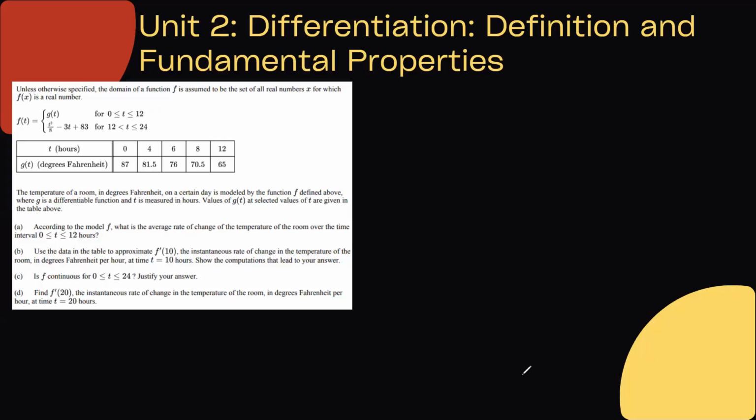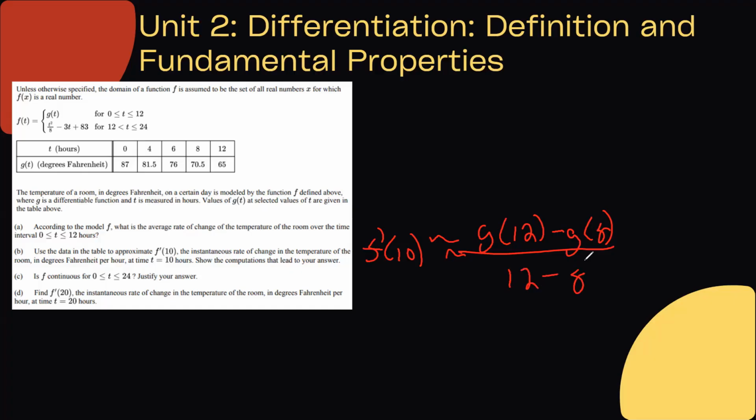Part B, use the data in the table to approximate f prime of 10, the instantaneous rate of change of the temperature of the room in degrees Fahrenheit per hour at t equals 10 hours. Show the computations that lead to your answer. F prime of 10 is approximately g of 12 minus g of 8 all over 12 minus 8.